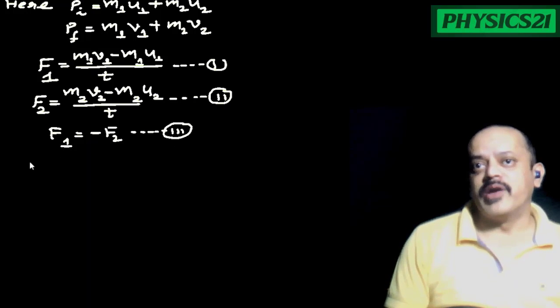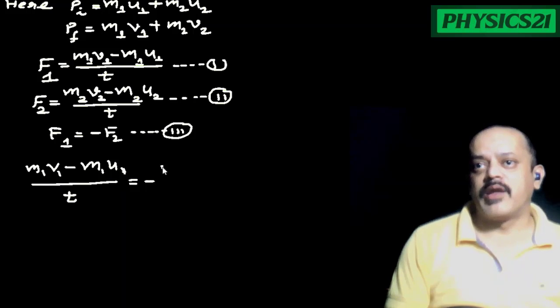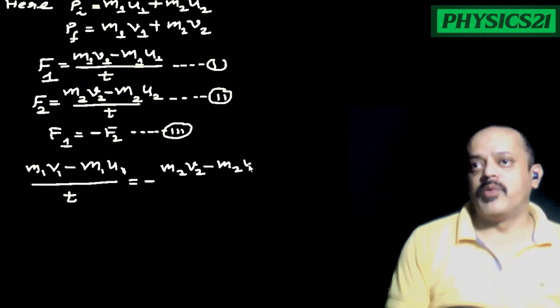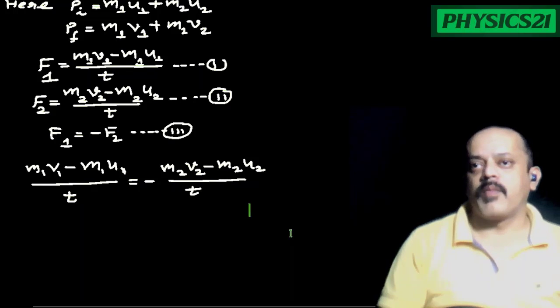Now from 1, 2 and 3 we can write m1 v1 minus m1 u1, divided by t, is equal to minus m2 v2 minus m2 u2, divided by t.